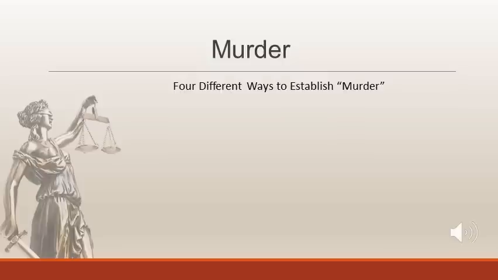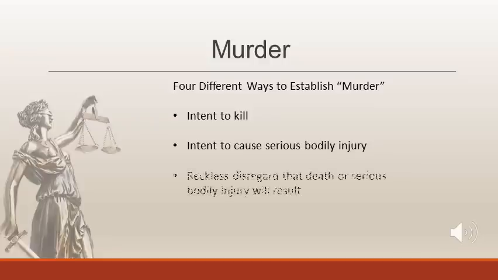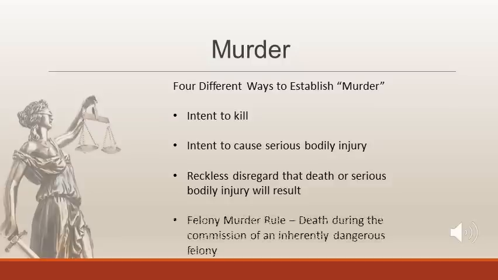So there are generally 4 mens reas that help us to establish the crime of murder. Those ways are the intent to kill, the intent to cause serious bodily injury, a reckless disregard that a death will result, and the felony murder rule. So let's take a look at those individually.